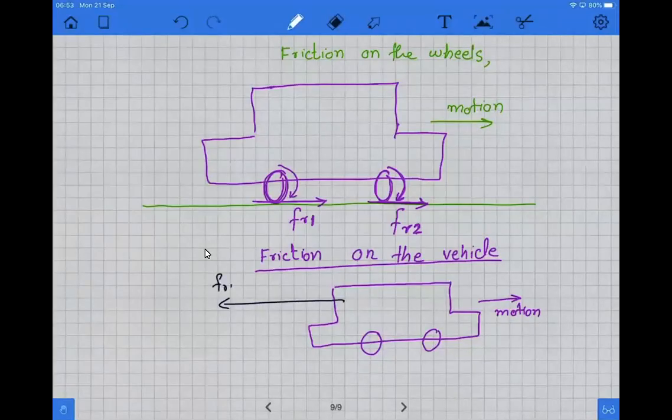So it would be friction due to first wheel, plus friction due to second wheel, plus friction due to third wheel, plus friction due to fourth wheel. So friction of all the wheels is acting against the motion. It will be added up to work against the motion.